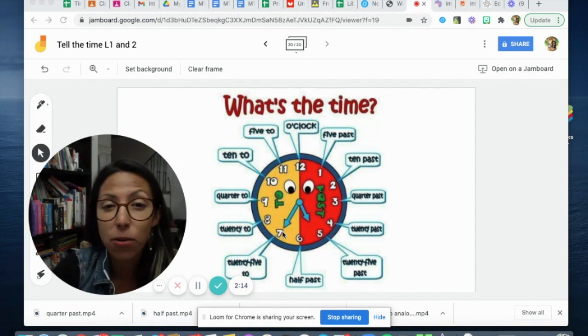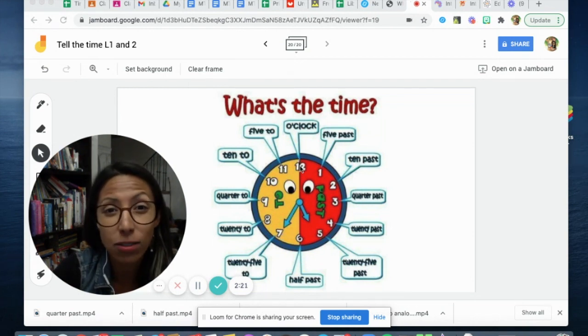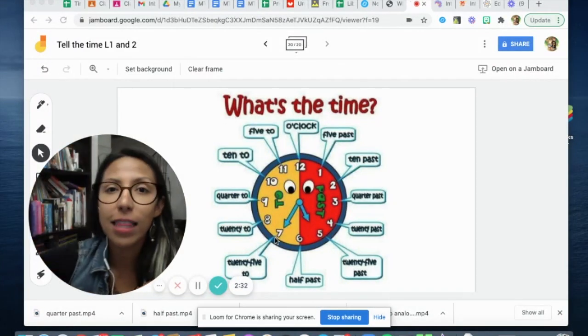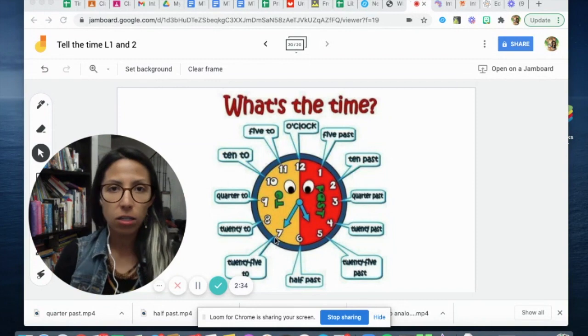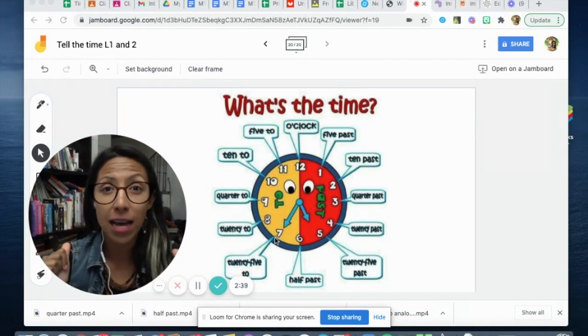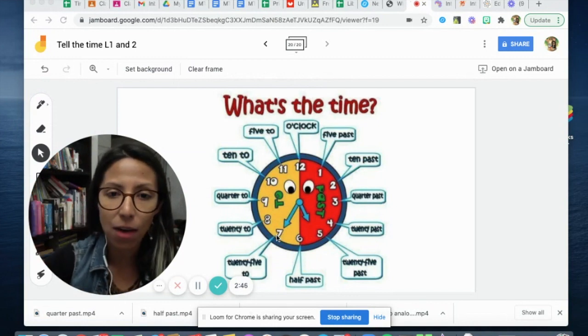If our minute hand is pointing at the 7, we're going to count from 12 backwards, and it'll be 5, 10, 15, 20, 25 to the next hour, not the previous anymore. We use the previous hour when we say past. But now that we are on the 7, we are going to say the next hour, right?